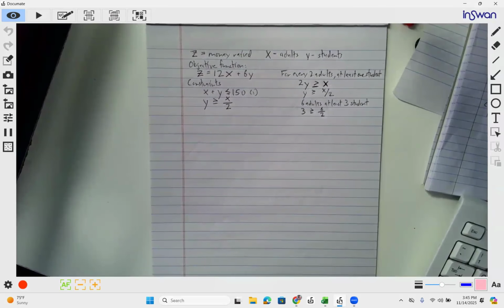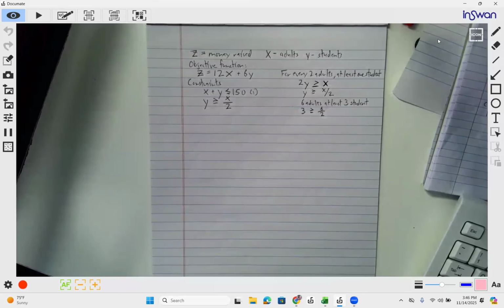Actually, I came up with 2y is greater than or equal to x, right? But I came up with y is greater than or equal to x over 2. So that's what I came up with. Just throw some numbers in there. I mean, it's either got to be 2y is greater than or equal to x, or 2y is less than or equal to x, right?